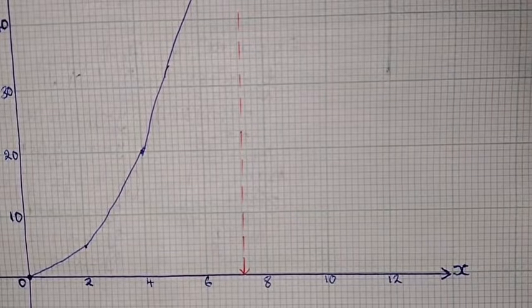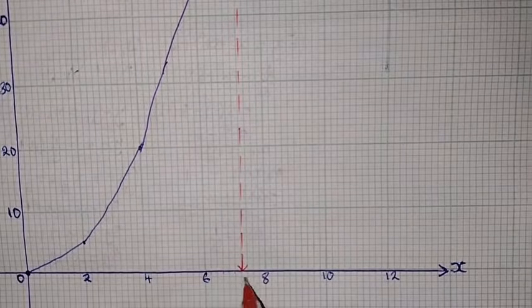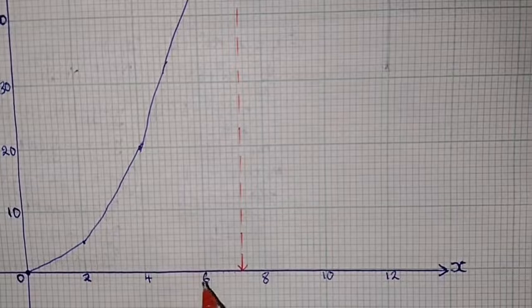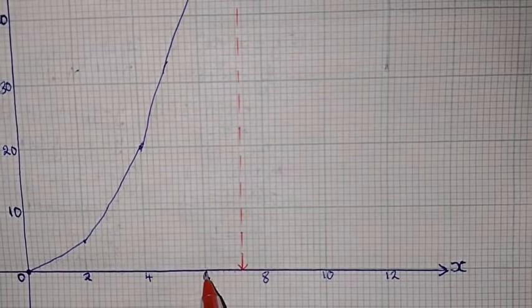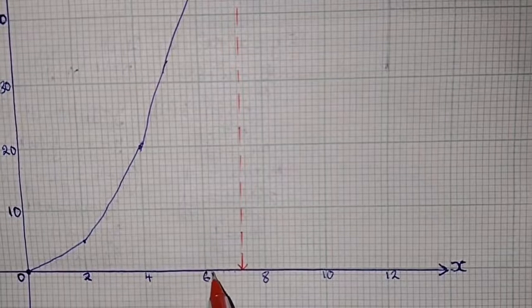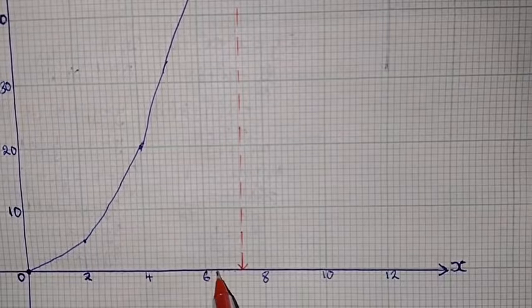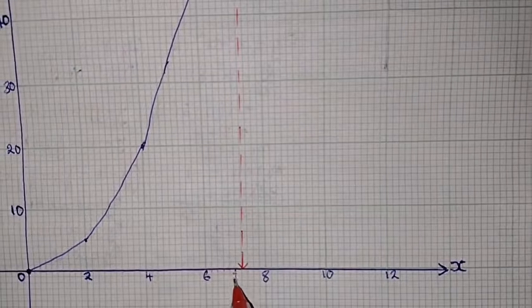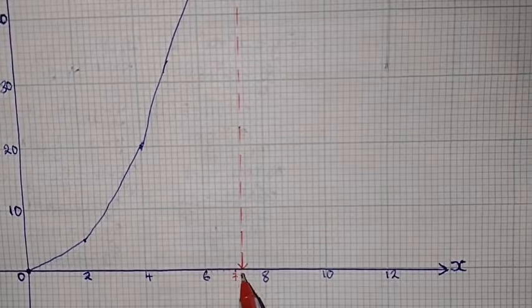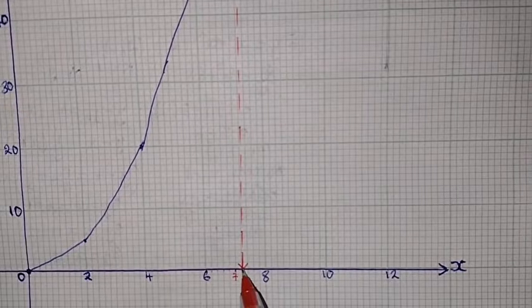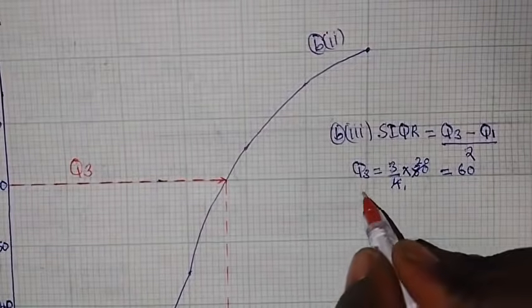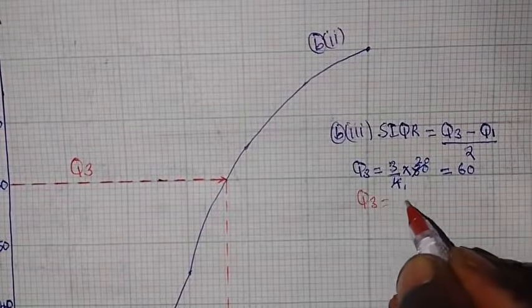From this 6 they will say 6.2, 6.4, 6.6, 6.8, and when they reach here, this is 7. So from this 7, 7.2. So this is 7.2.